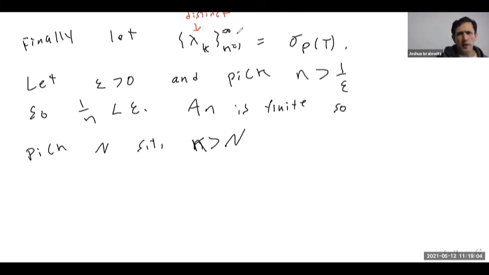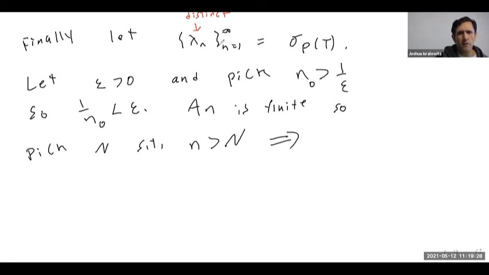Let me stick with n, and I'll just use, like I had before, n naught, just fixing some integer n bigger than 1 over epsilon. Right, so this is finite.